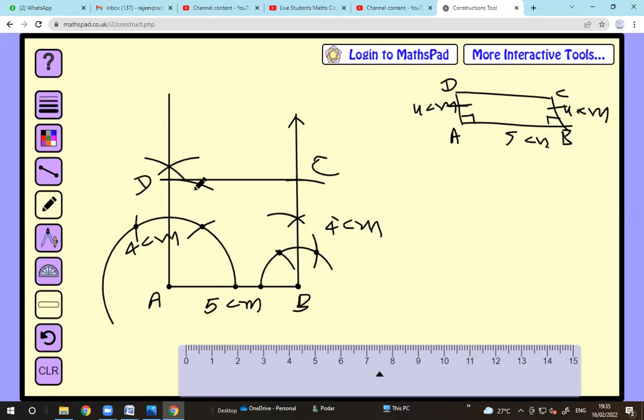We can also do this in another way. Shall I do the next thing over here? Shall I do it, or else I'll tell you in this only. One thing: when this is 5 centimeter, this is also 5 centimeter, right? So we can do one thing.